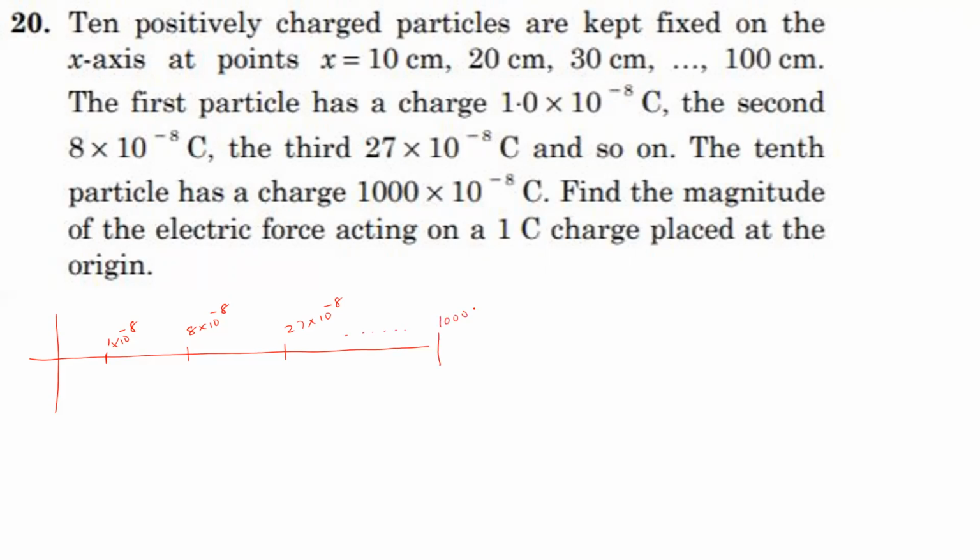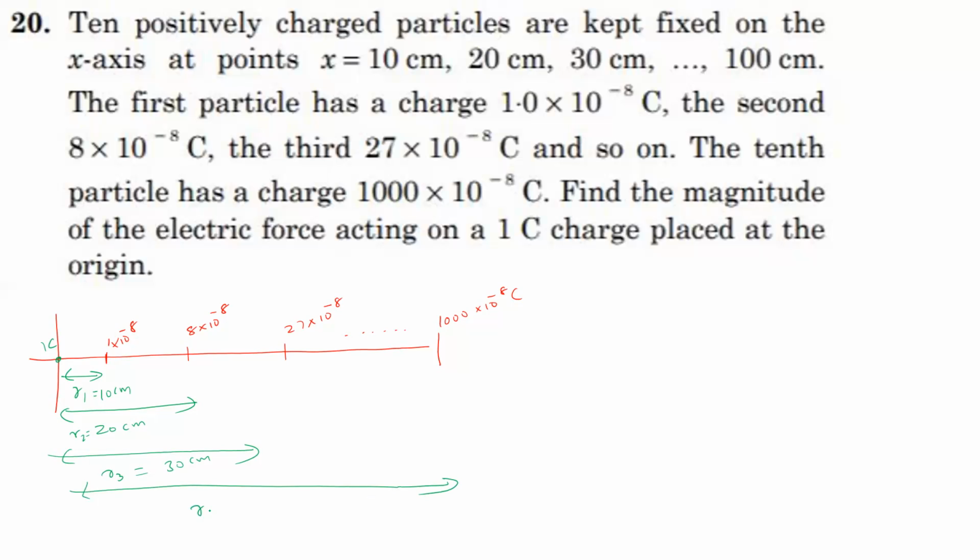The distance of the first charge, R1, is 10 centimeter, the second charge is at 20 centimeter, the third at 30 centimeter, and so on. The 10th charge is placed at a distance of 100 centimeter.